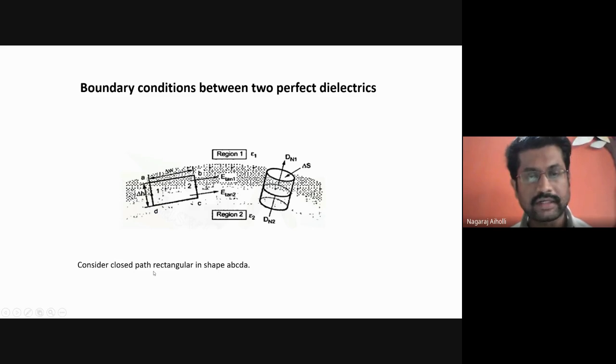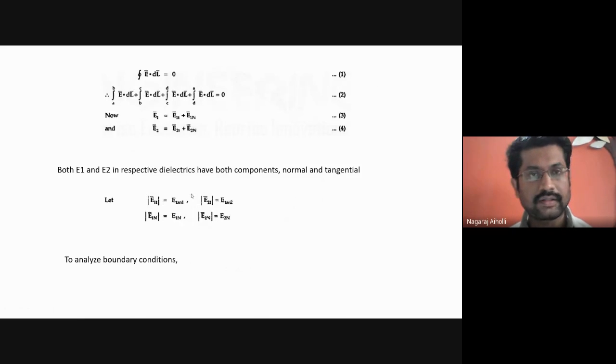Consider a closed rectangular path ABCDA. This is the closed rectangular path ABCDA. We know from Maxwell's equation that the closed line integral of E bar dot dl bar is equal to 0. This is for the rectangular shape. We are applying Maxwell's equation.